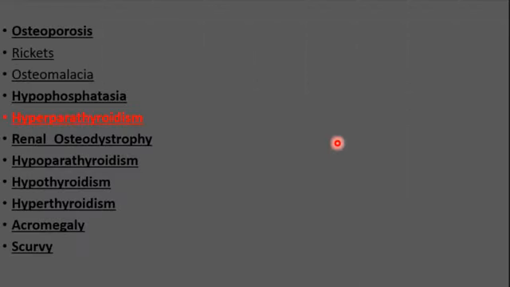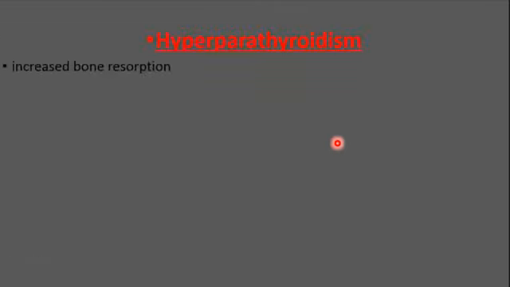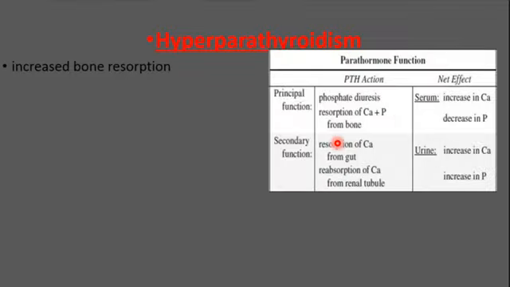Shifting to the most important one, hyperparathyroidism. This is the physiology of the action of parathyroid hormone. There is phosphate diuresis and resorption of calcium and phosphate from the bone, so it results in bone resorption.